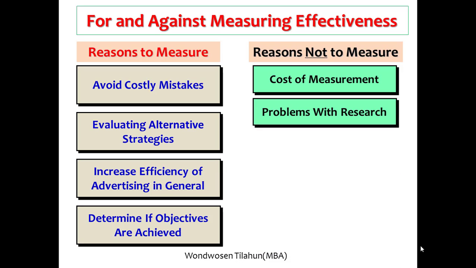The other one is problems with research. Sometimes research methodologies also lack genuine or attractive results for the marketers, because sometimes we employ various research designs, whether they are descriptive, exploratory or inferential research designs.